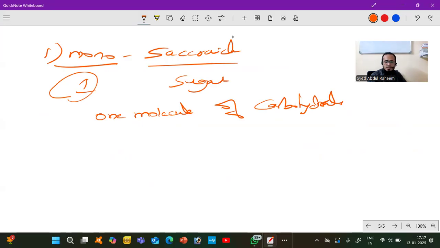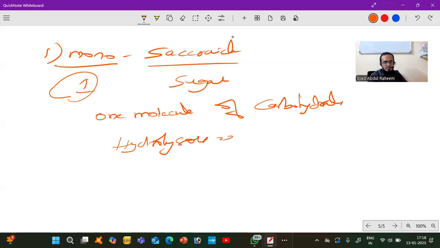Simple means it is easily available, easily digestible, and the body can utilize it easily. It is also easily hydrolysed, which means it can easily add water and break down.